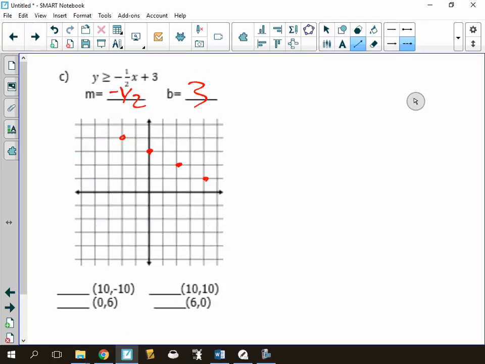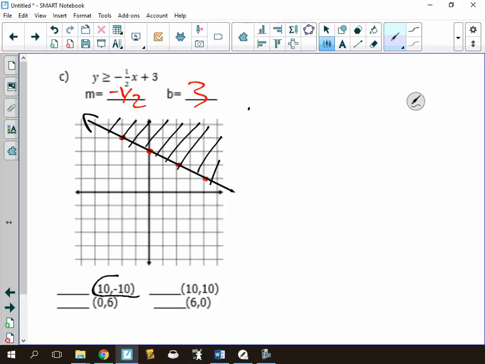And we will have a solid line. Because the equation is y is greater than, that means the shaded region is up here. So we're asking ourselves, are these points going to be in the shaded region? The other way you can test a point, if you're not sure, that's going to be in the shaded region, because that's up here. 6, 0, though, it's off our graph, and it's close.